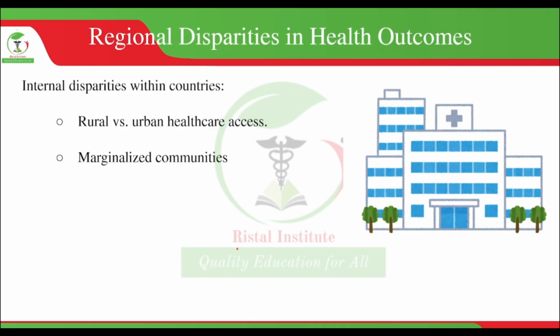And for example, in this case, we can talk about rural and urban areas in relation to how they can access healthcare services. In most cases, you find out that poor rural communities actually have poor access to healthcare services and therefore poor health outcomes. And then we have communities that are marginalized in terms of access to resources. They will still have poor health outcomes.